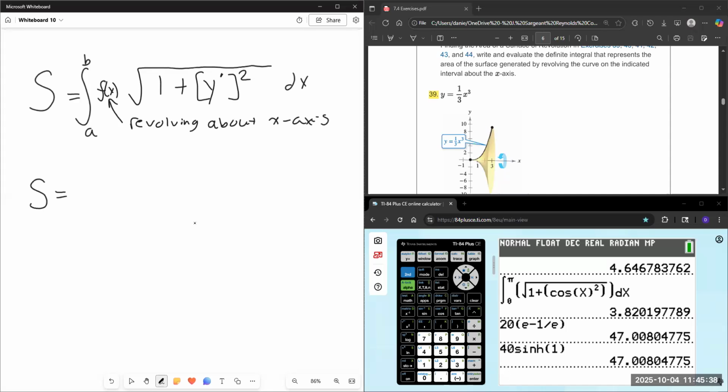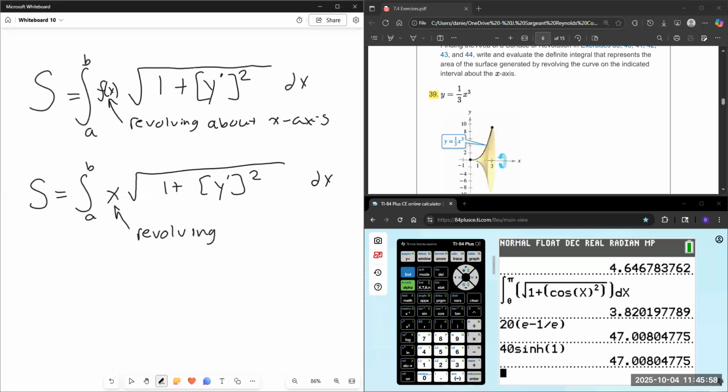Capital S is going to be a to b x root 1 plus y prime squared dx. This is our multiplier here if we are revolving about the y-axis. So our first problem here revolves about the x-axis.